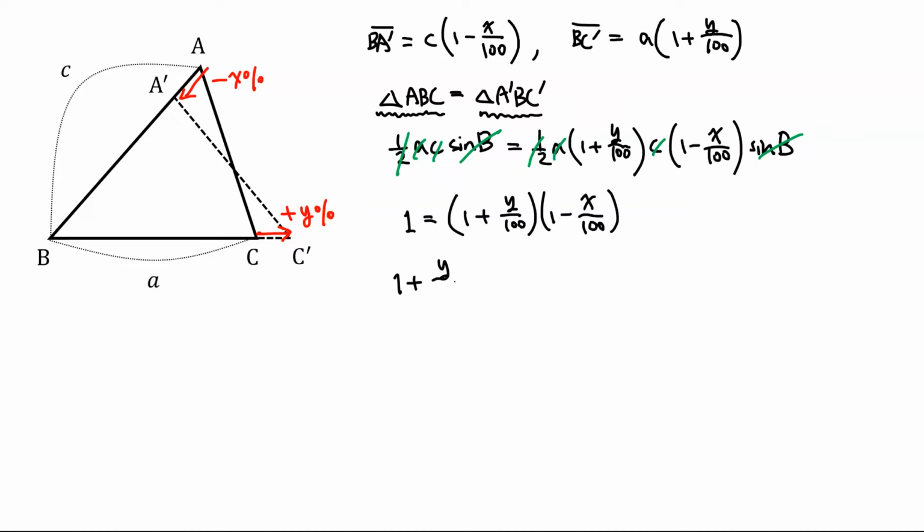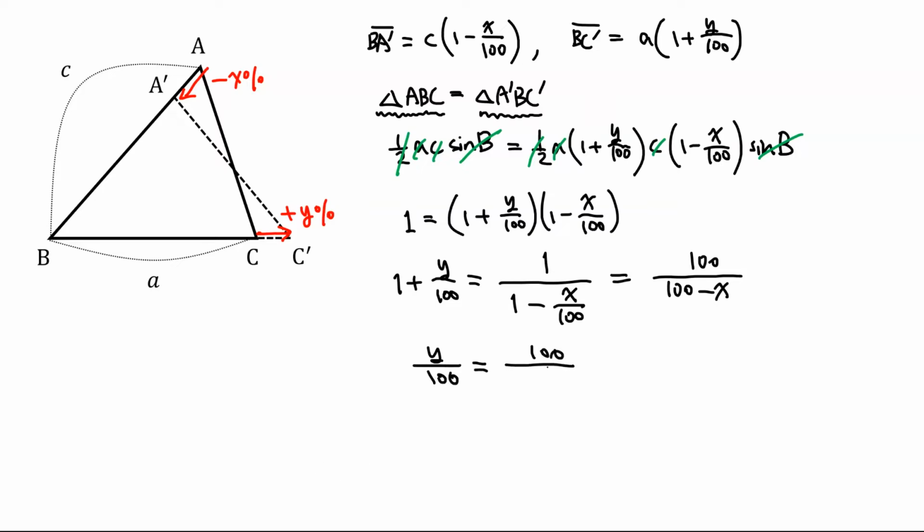1 plus Y over 100 is 1 over (1 minus X over 100), which is again simply 100 over (100 minus X). So therefore, Y over 100 is 100 over (100 minus X) minus 1, which is simply X over (100 minus X).